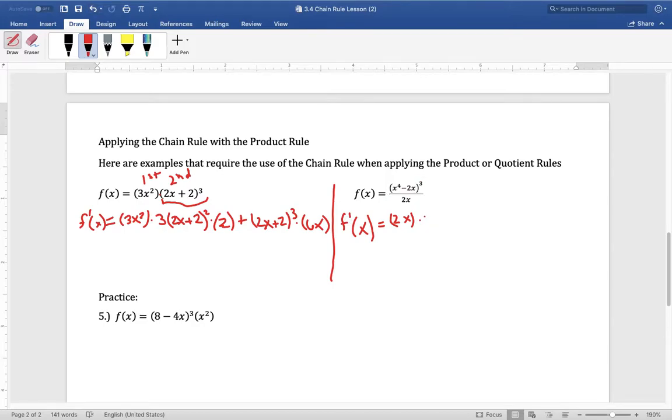The derivative of the top is 3 times x to the 4th minus 2x. Do the outside derivative, leave the inside alone, to the 1 less power, times the derivative of the inside, which is 4x cubed minus 2. Write that 2 again.